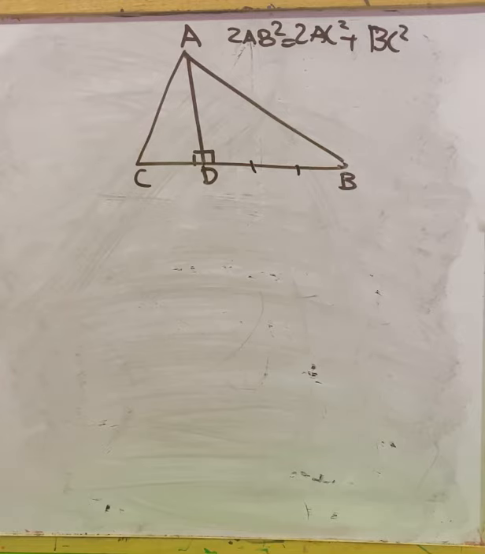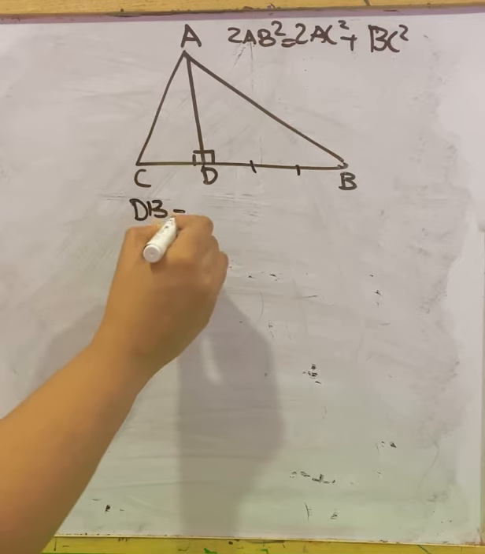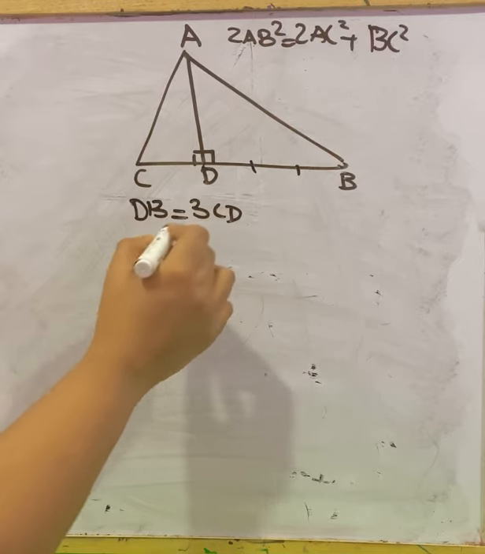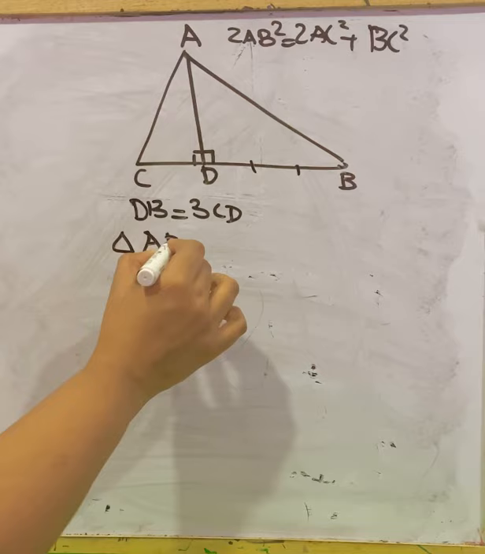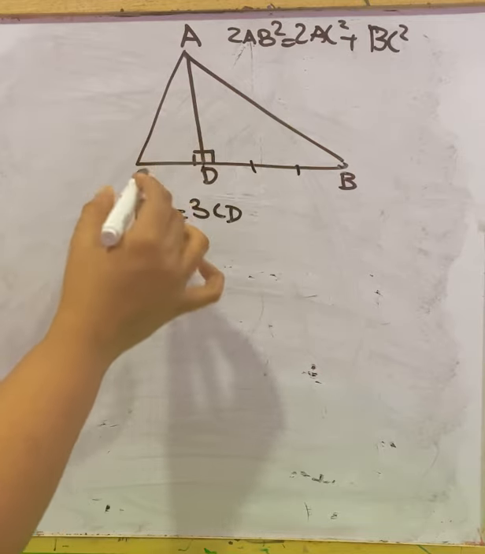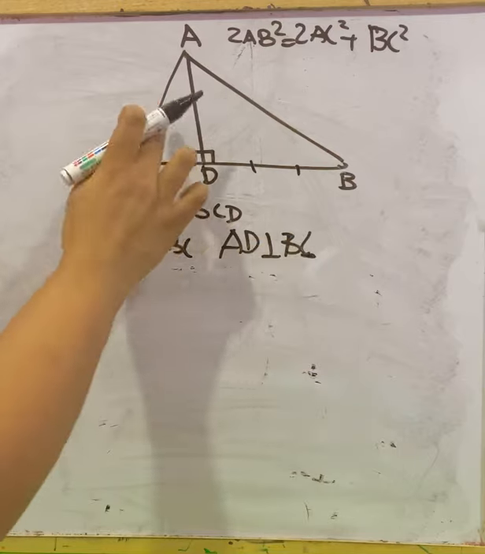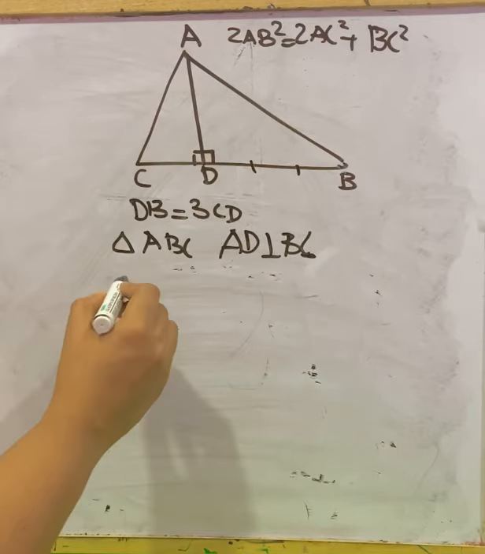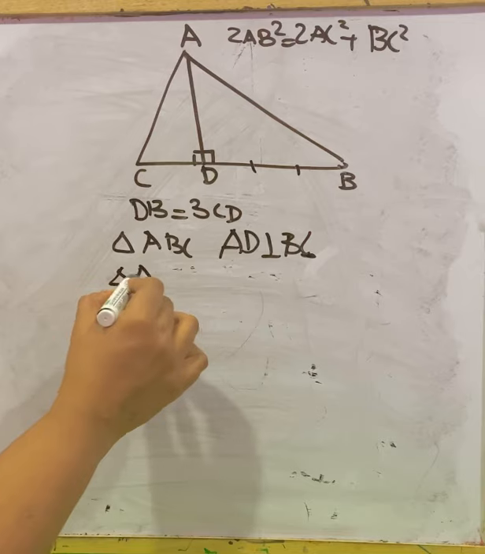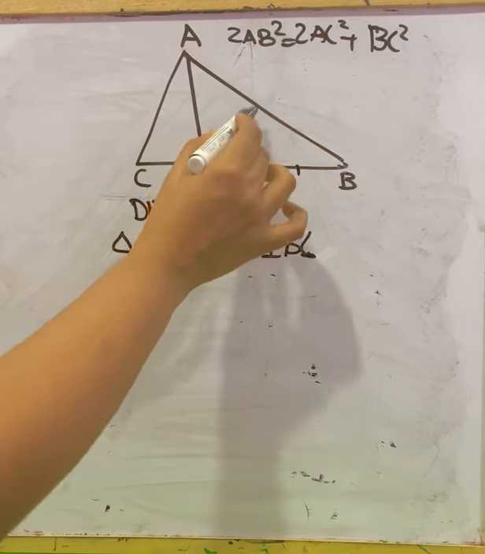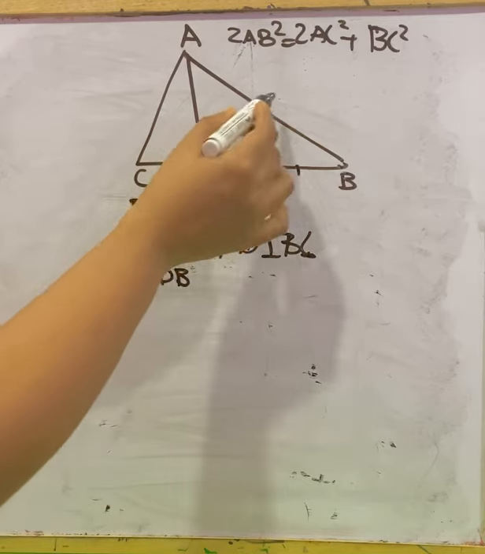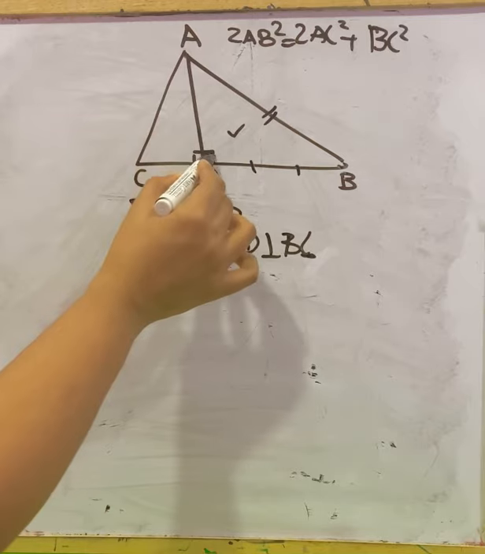So, here given DB equals 3CD, and in triangle ABC, this bigger triangle, we have AD perpendicular to BC. So here we have two right triangles. First triangle is triangle ADB. Let us consider this one. In that, this will be the hypotenuse because here it is the right angle.